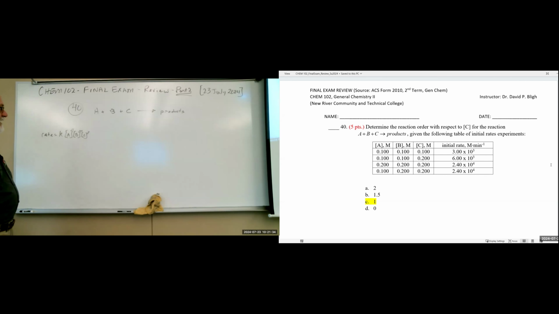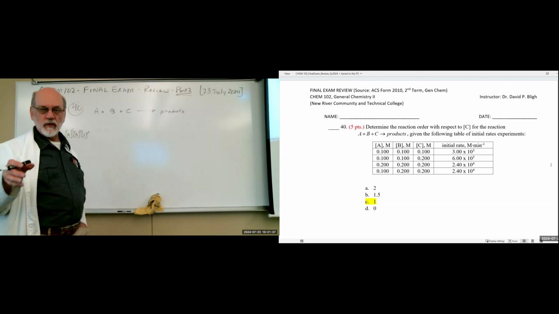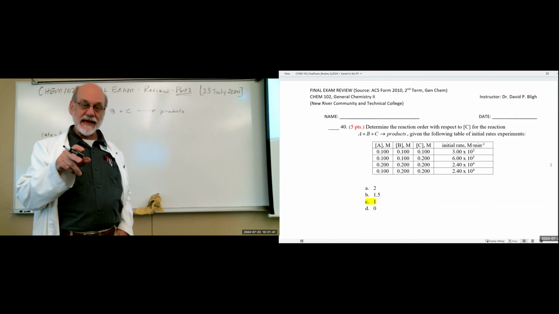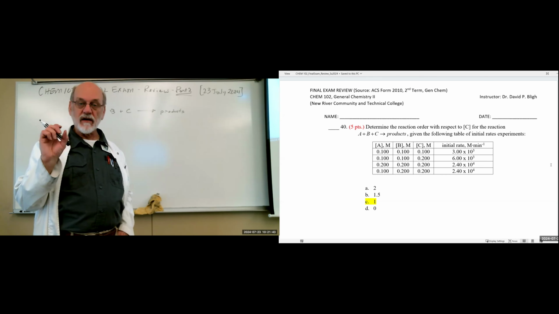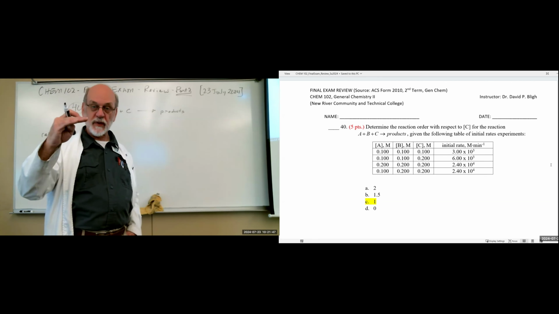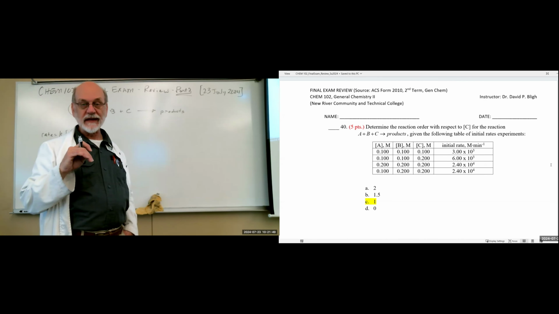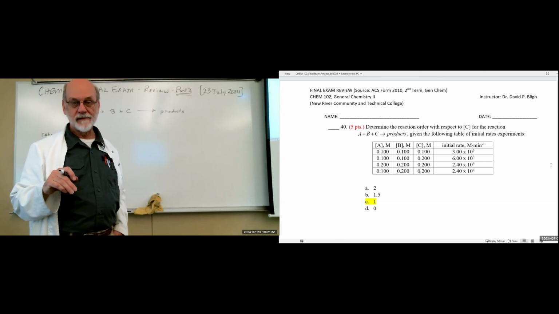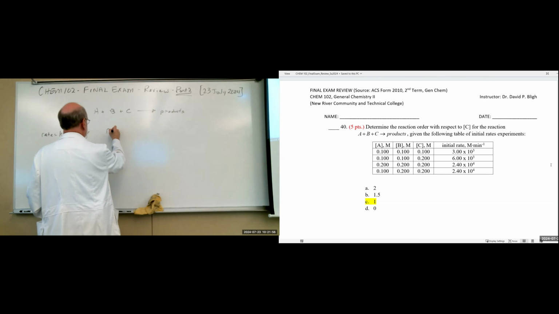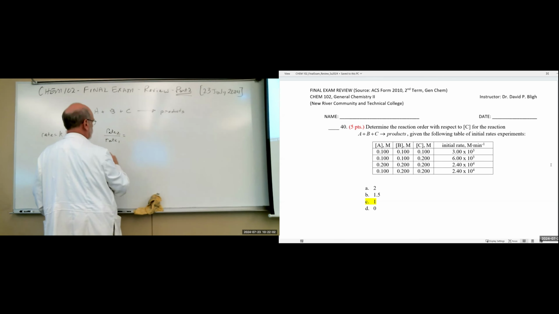So if we're given values here and we want to find out what C is, we want to make sure A and B are constant. It looks to me like the first two experiments in that list would fit that bill, right? In which case you would ratio the rate of experiment 2 over the rate of experiment 1.